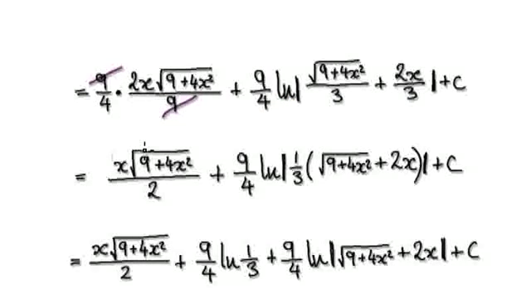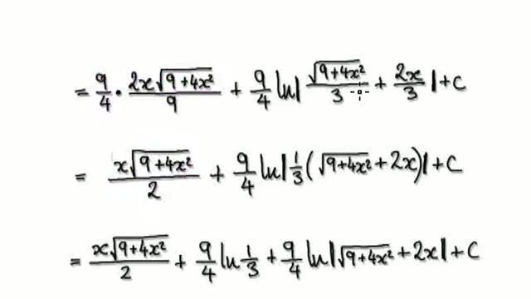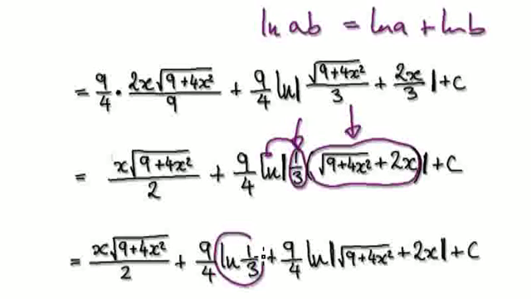This cancels out with this, and then that will give you your half, and then you've got the x here, this stays intact, and then this bit here is the same as this bit here, because you can factor out the third here. So in effect, you've got one bubble multiplying with another bubble. So remember, ln of ab is the same as ln of a plus ln of b. So ln the third here.